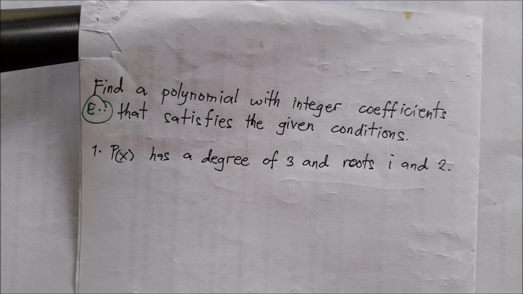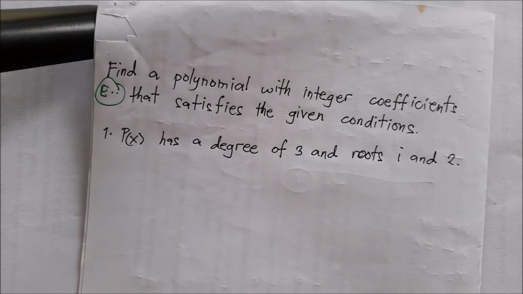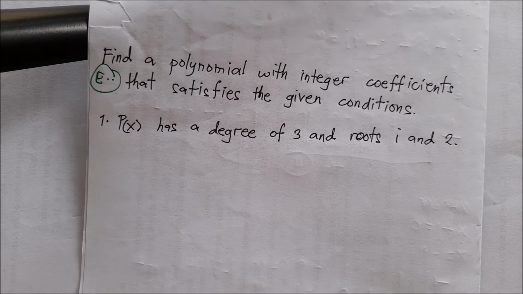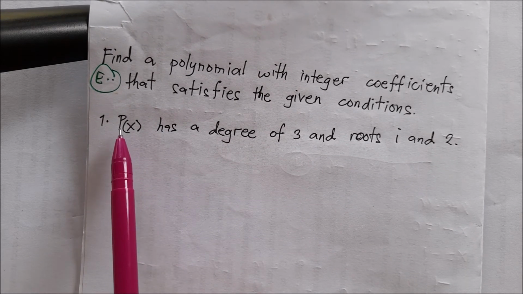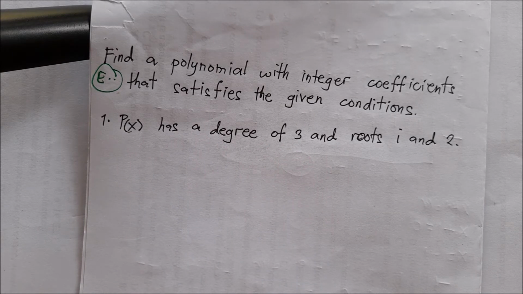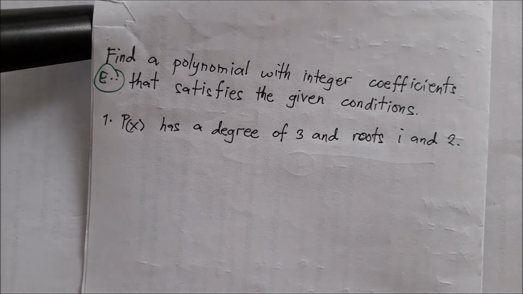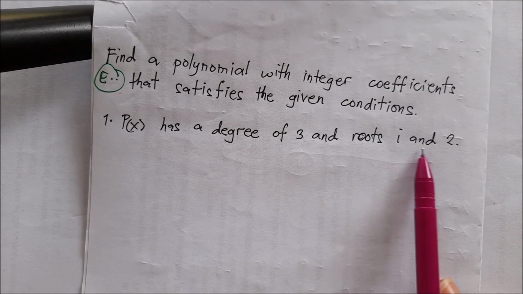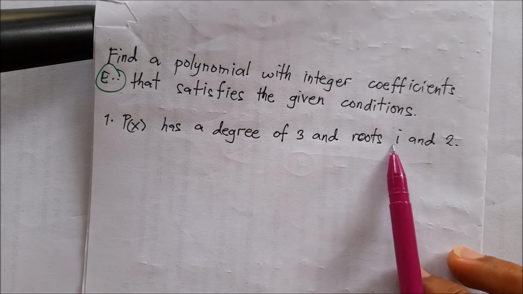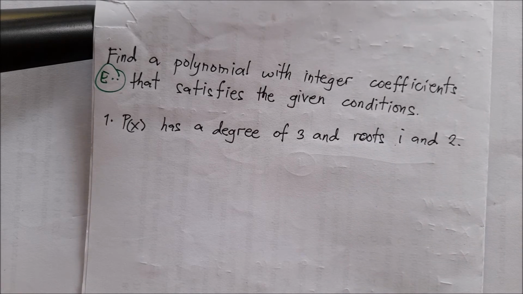The second problem is: find the polynomial with integer coefficients that satisfies the given conditions. The question here is P of x has a degree of 3 and roots i, which is the imaginary, and 2. As I said, if there is an imaginary, we have a plus minus.